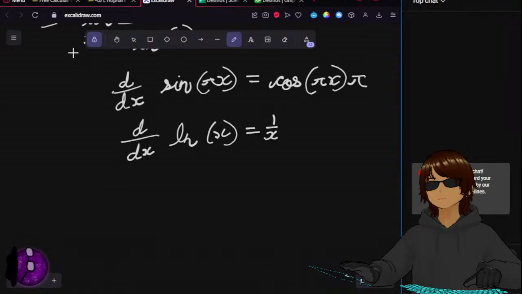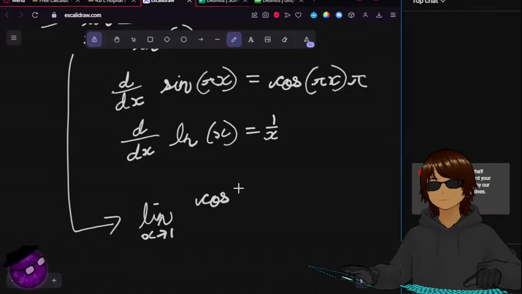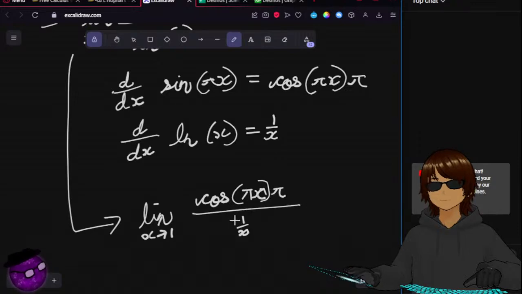So you do the limit as x approaches 1. But then the x goes here, but x is approaching 1, so I don't know.